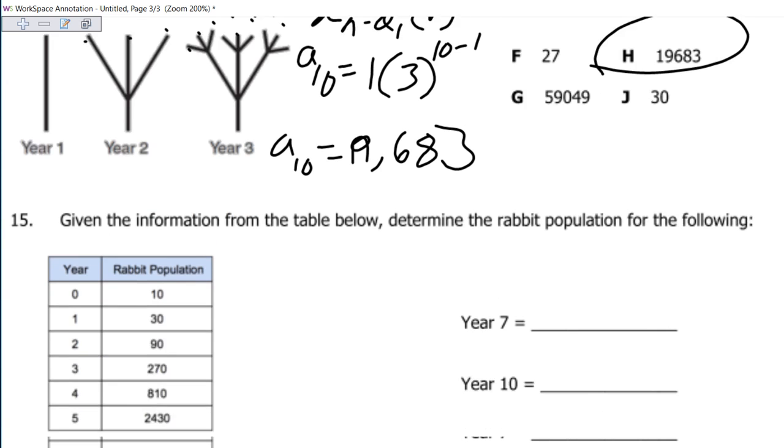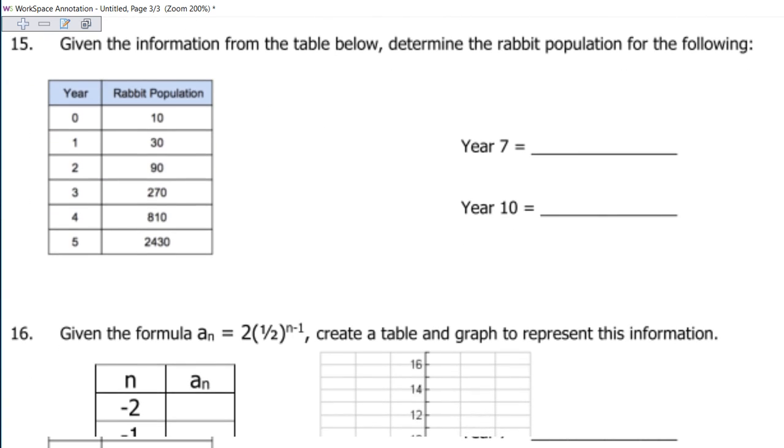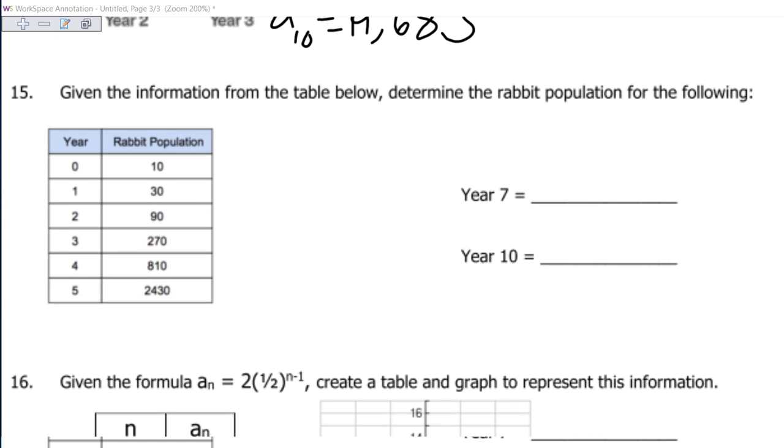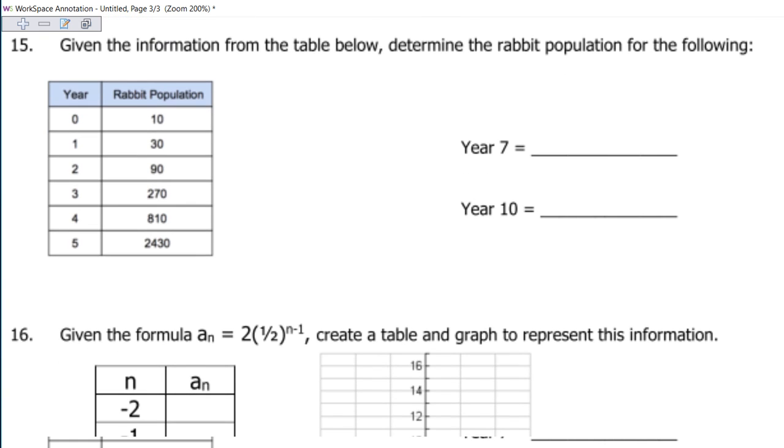Okay? Let's see. Next up, we got rabbits. Given the information from the table below, determine the rabbit population for the following. So first off, we need to come up with our equation.